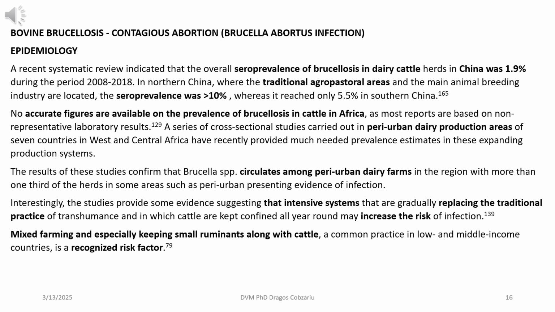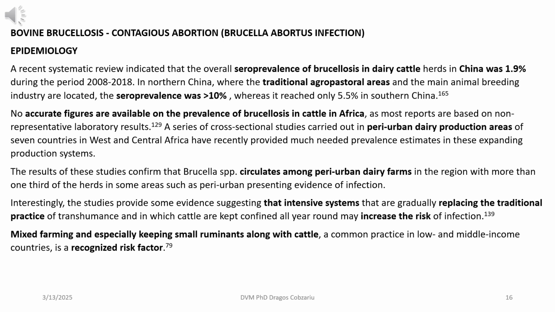No accurate figures are available on the prevalence of brucellosis in cattle in Africa, as most reports are based on non-representative laboratory results. A series of cross-sectional studies carried out in peri-urban dairy production areas of 7 countries in West and Central Africa have recently provided much-needed prevalence estimates in these expanding production systems.